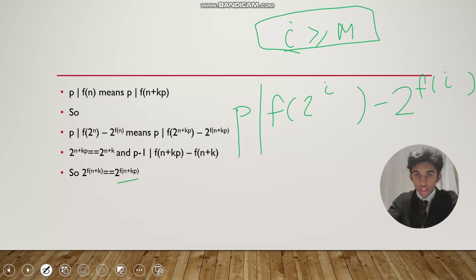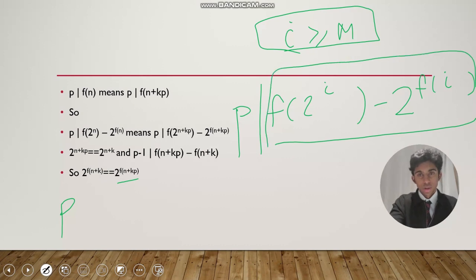Now, right, the game plan here is to choose a prime really large. And why do you want to do this? Well, essentially, our idea is to show that this thing is zero. So, if we make it really small and make the prime that divides it really, really big, we are forced to have this as zero.